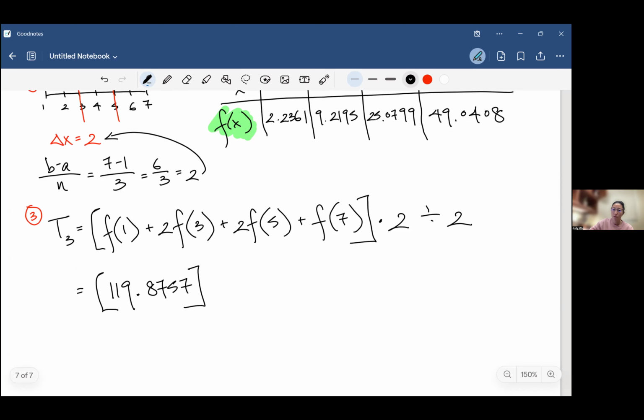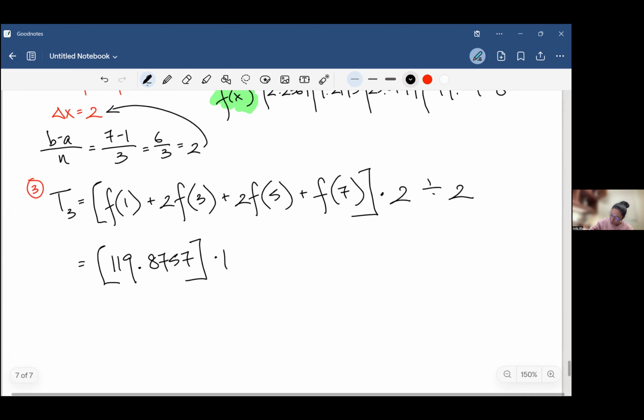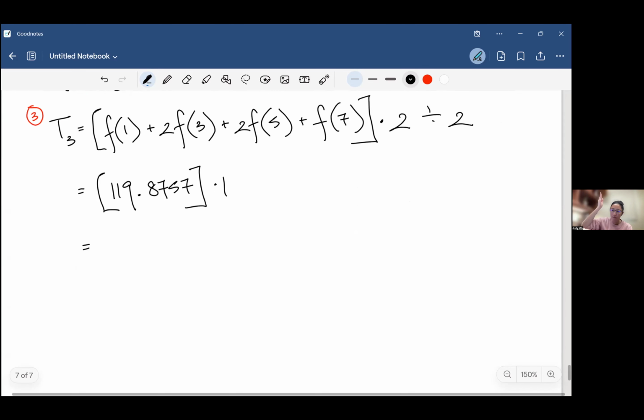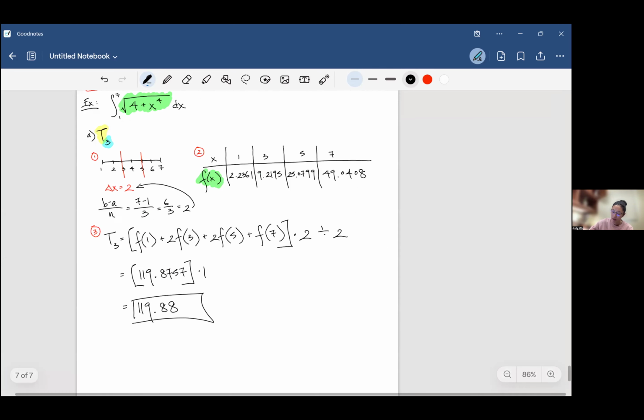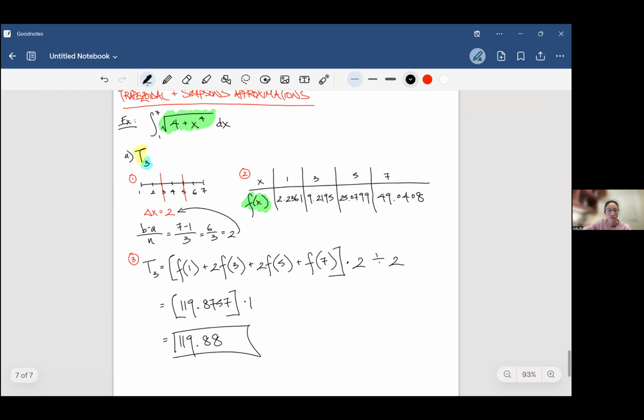And then I know that 2 divided by 2 is 1, so I'm really multiplying by 1. And at the end of the day, I'm going to round to 2 decimal places, so I'll get 119.88 as my approximate area underneath this curve. Okay, so that's doing trapezoidal rule, but let's do the same problem using Simpson's rule and see how that might be a little bit different.